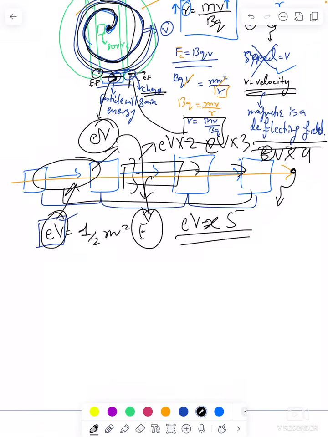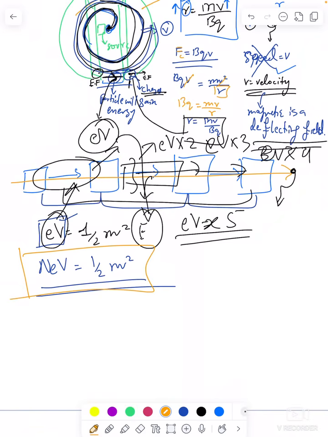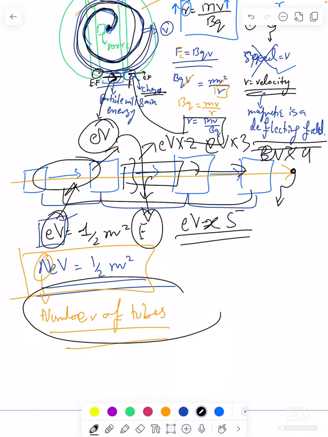That's why it becomes neV = ½mv². This is the equation we use, with n being the number of tubes. Okay, and yeah, that's it.